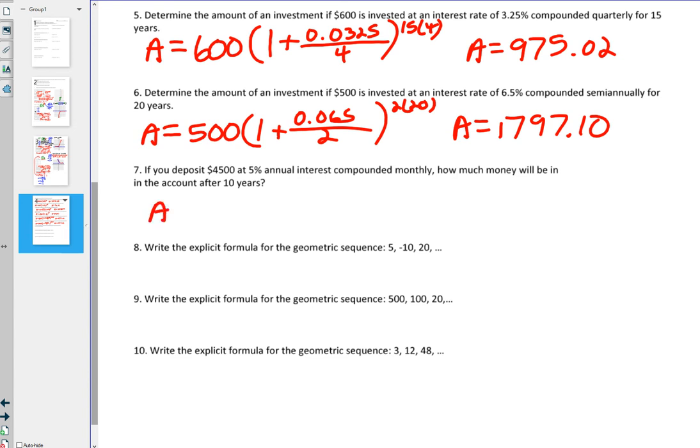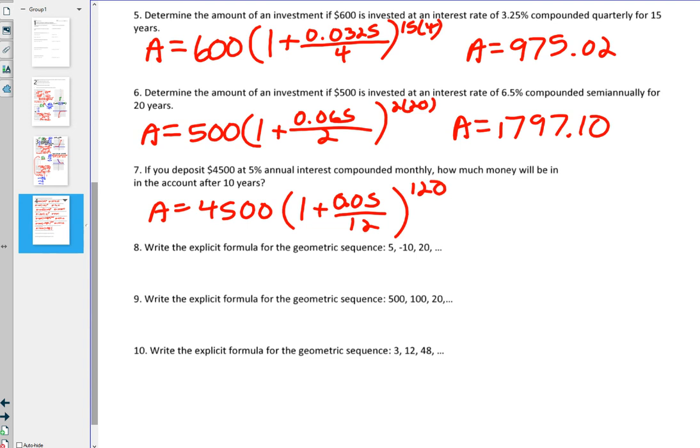If you deposit $4,500 at 5% annual compounded monthly, so 1 plus 0.05, that's 5%. What's the number that goes with monthly? 12 to the power of 12 times 10 years.